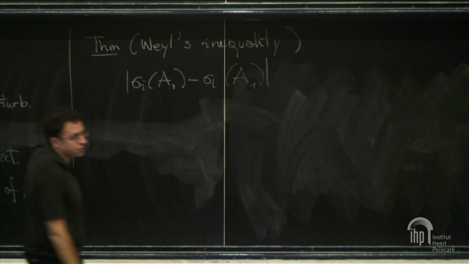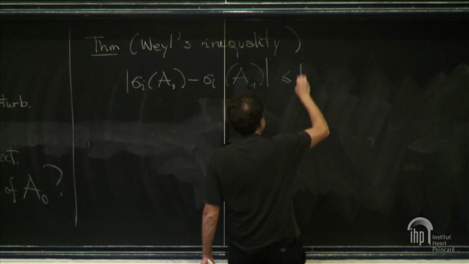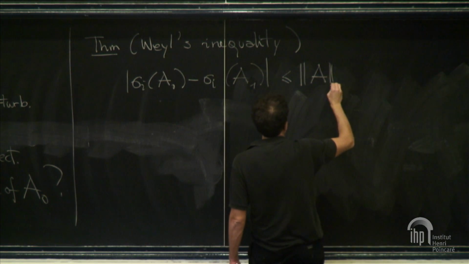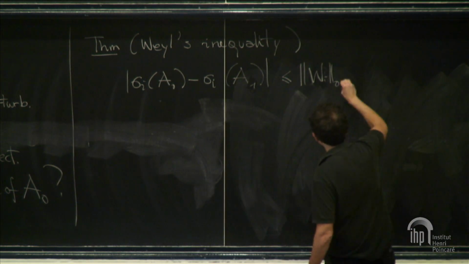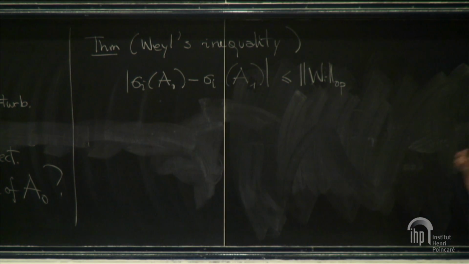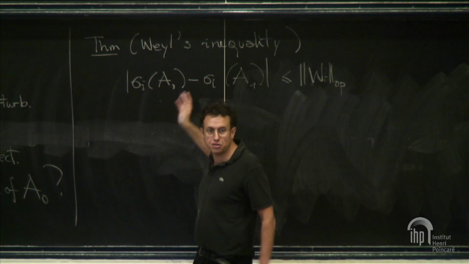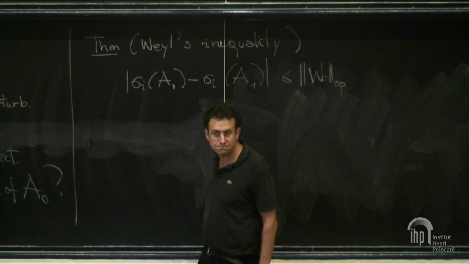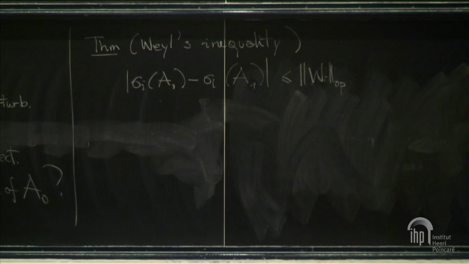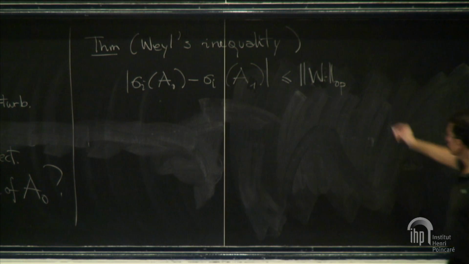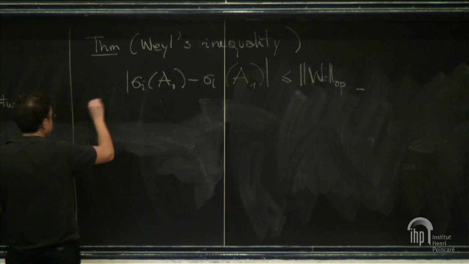You want to see how much this changes, and this is upper bounded by the operator norm of W, of the perturbation. So you understand the singular values of A0, and now you know that if your perturbation is small, the singular values of A1 cannot be too far. Notice that this in particular implies that the operator norm satisfies the triangular inequality. Okay, so let me prove it.